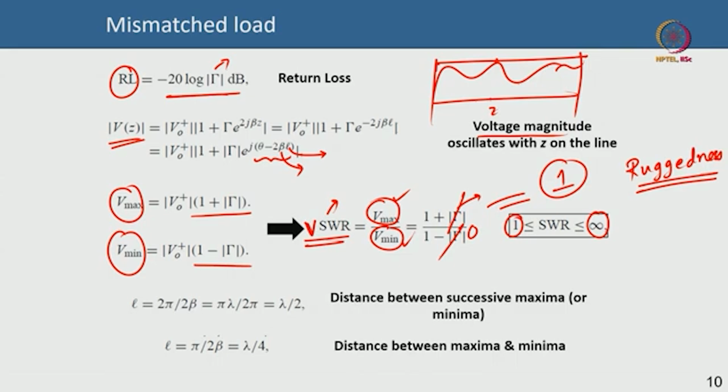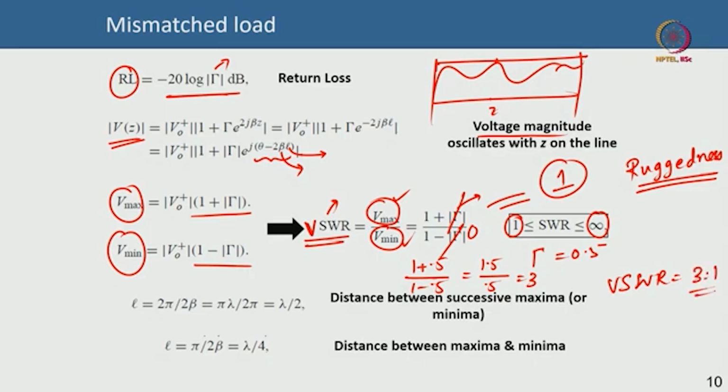For instance, if your reflection coefficient is 0.5, which means 50% of the wave is reflected back, not a very good situation, then VSWR is 1 plus 0.5 divided by 1 minus 0.5, that is 1.5 by 0.5, that is 3. So, your VSWR is 3:1.